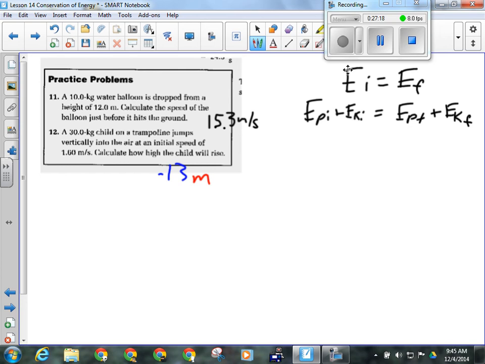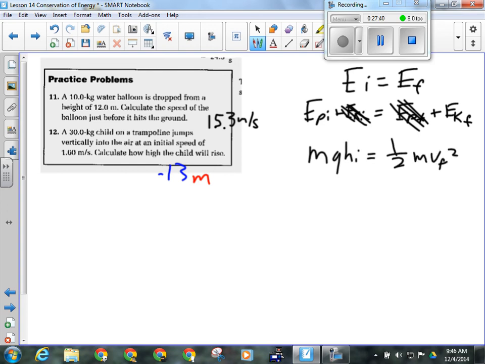Since I'm dropping it, it doesn't have any speed initially, so there's no kinetic energy. And since it's hitting the ground at the end, it doesn't have any potential finally. So we just need EP equals EK: m times g times h initial equals 1/2 m VF squared.